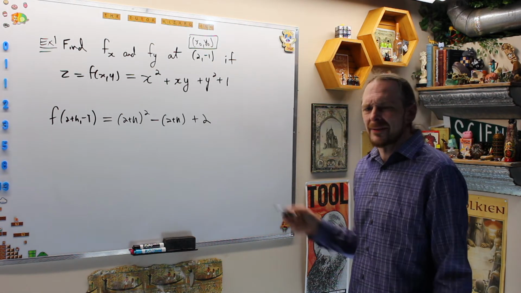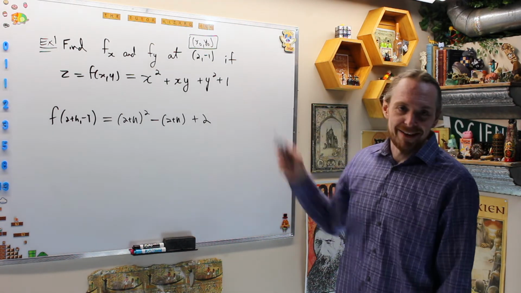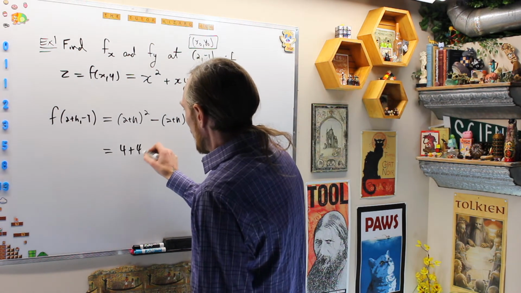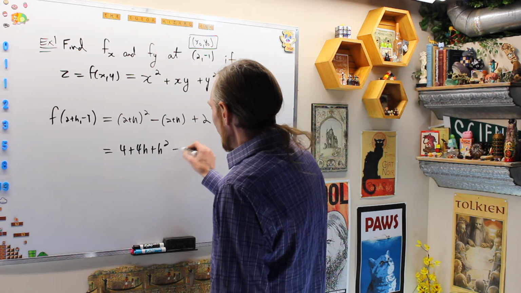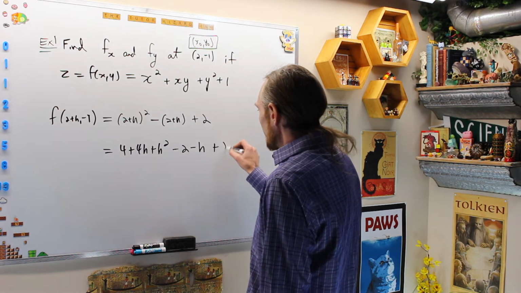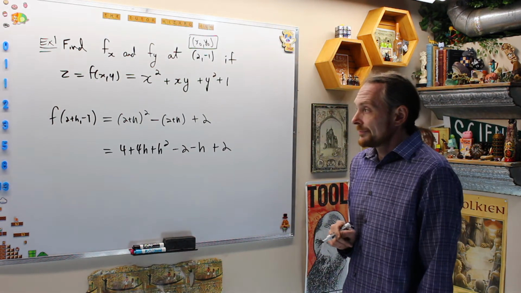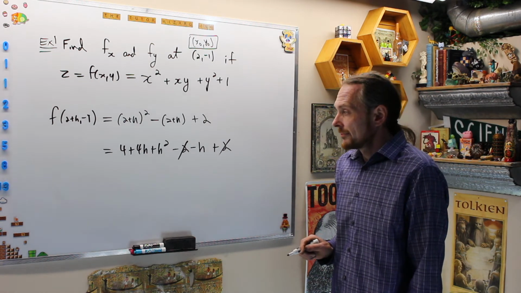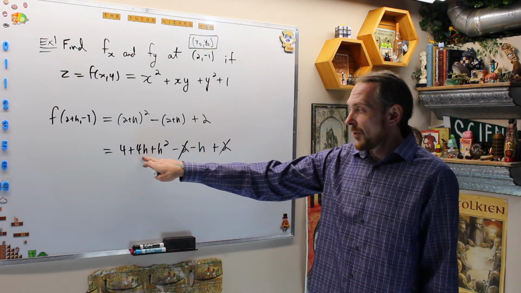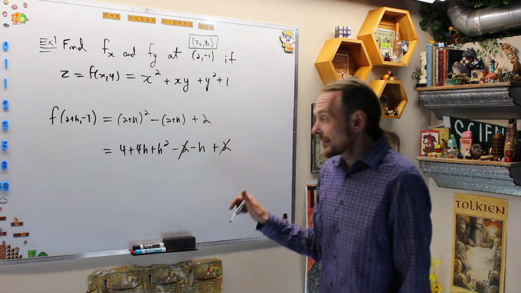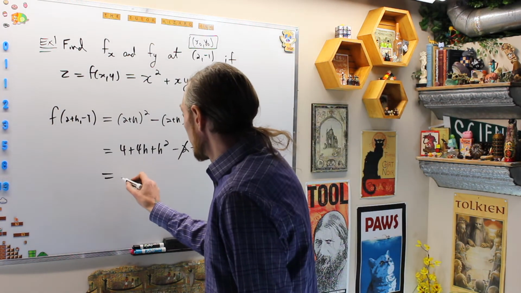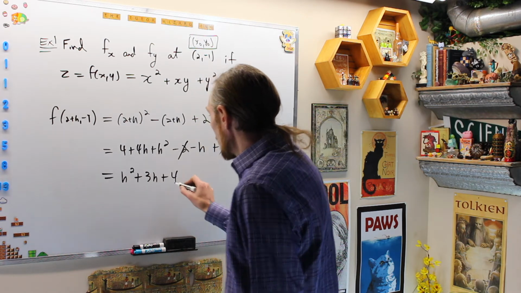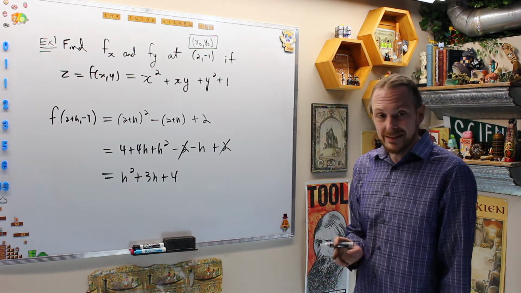This is the first derivative, it's just got a little more complication of the y value in there. That gives me 4 plus 4h plus h squared minus 2 minus h plus 2. Cancel, cancel. And then what's 4 h's minus 1 h, 3 h's. This gives me h squared plus 3h plus 4 when I simplify.